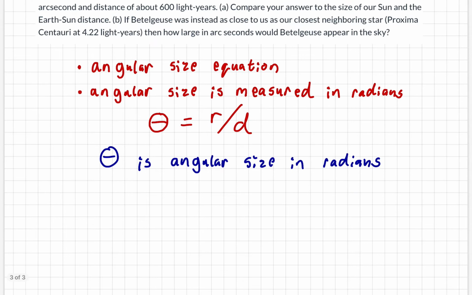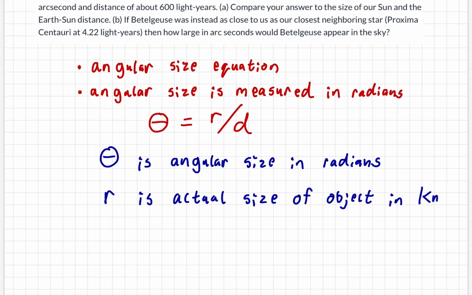R is the actual size of the object. In what units? Well, if we're using the real base unit of astronomy, it should be meters, but in a practical sense, we can do it in kilometers. We have to make sure that we stick with kilometers. So R is the actual size of the object in kilometers.